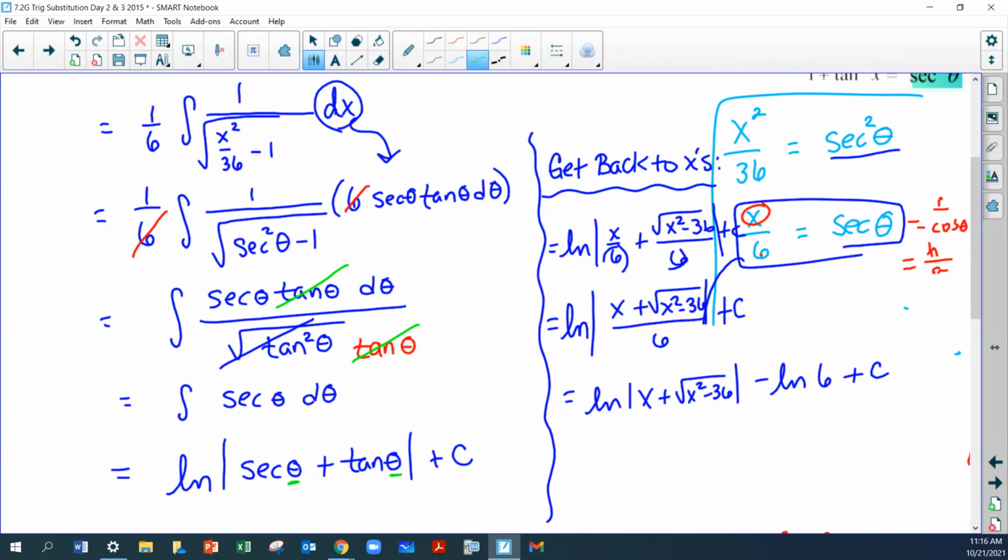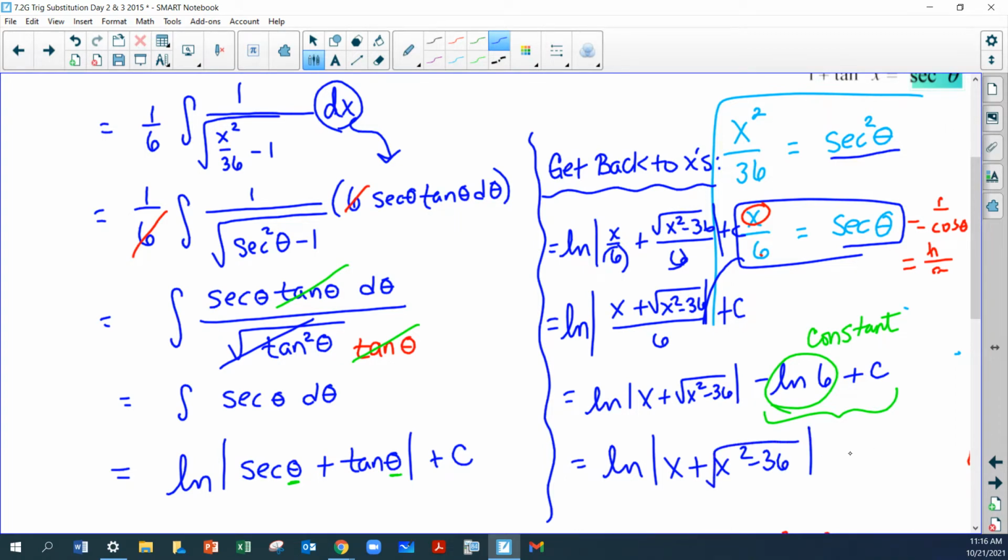Do you recognize that natural log 6 is really just a constant? It is, isn't it? Which allows us to pull these two together and really bring this down to natural log of x plus square root of x squared minus 36 plus a new constant. I can call it c sub 1 if you want, just so you can see it changed from prior step. That is really the final answer.